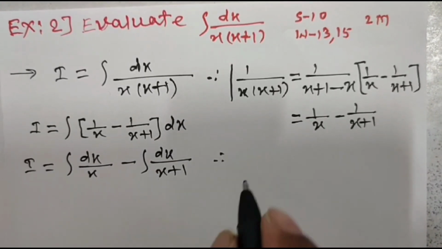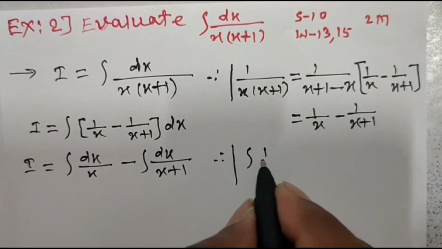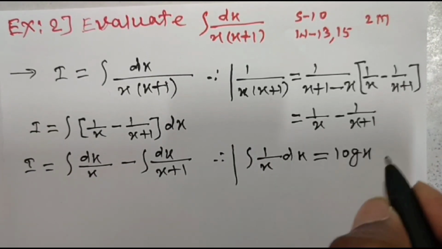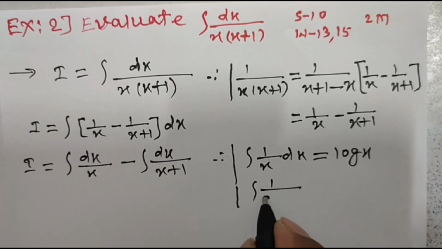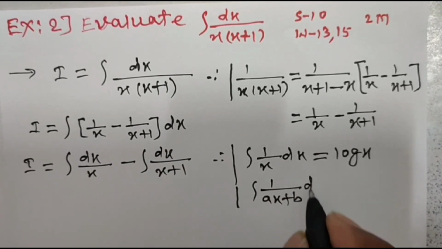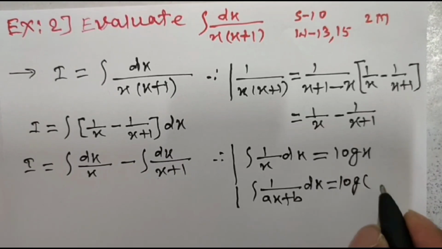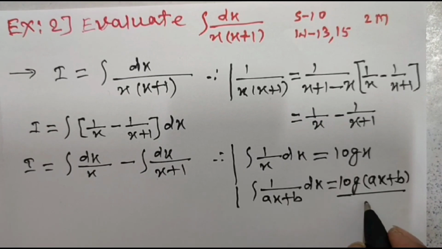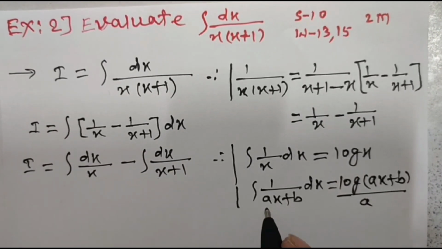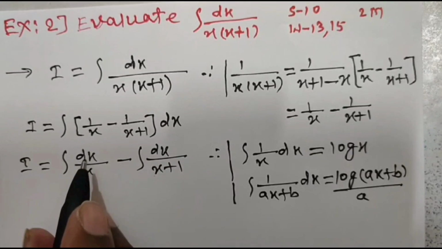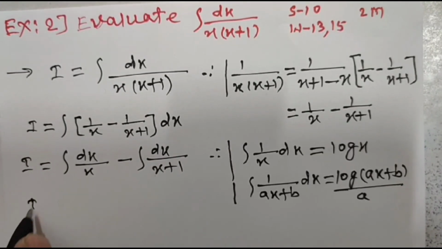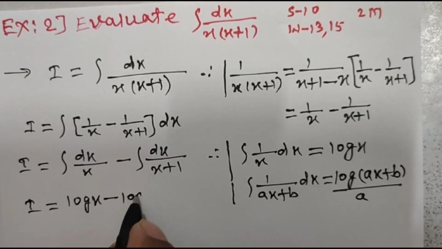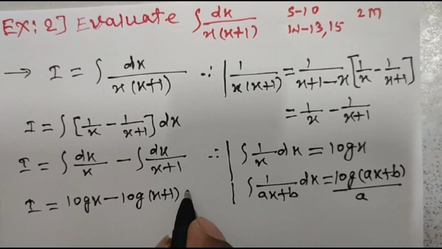Since you know the integral formula, 1 upon x integral with respect to x is equal to log x, and integral of 1 upon ax plus b integral with respect to x is equal to logarithm of ax plus b divided by derivative of ax plus b, that is a, which is the coefficient of x. Applying these two formulae here, integral of dx upon x is equal to log x, minus integral of 1 upon x plus 1, which is equal to logarithm of x plus 1, plus integral constant c.